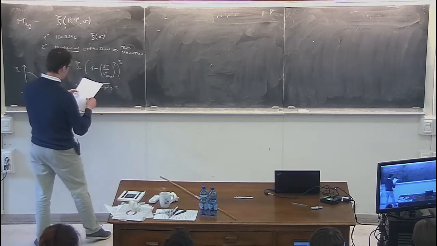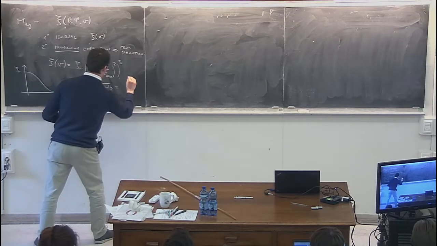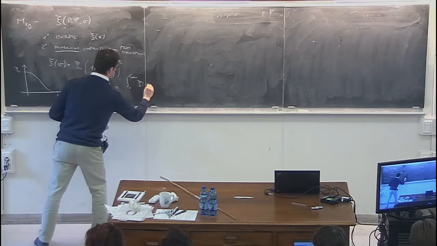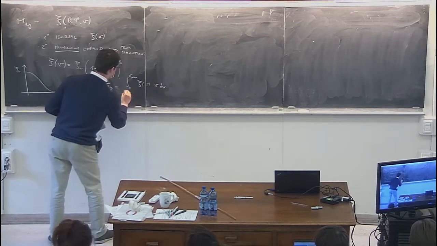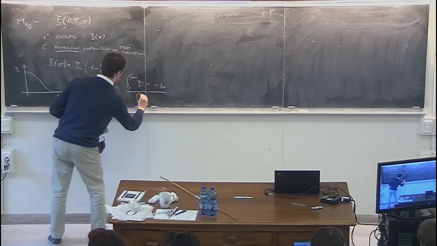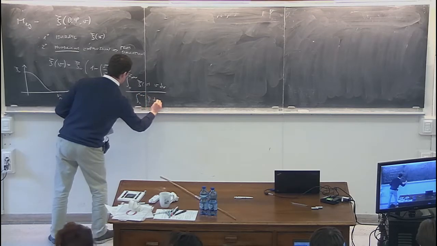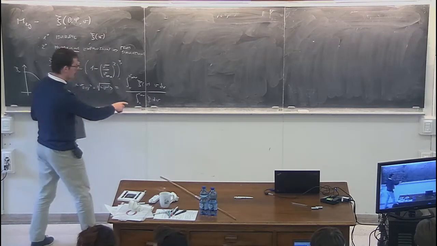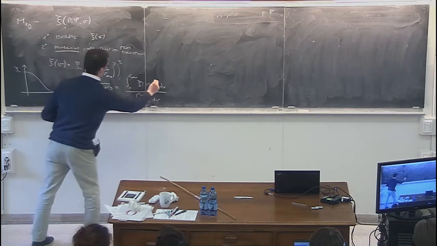If you perform the calculation, this means that you integrate from 0 to v max of xi of v times v squared dv, divided by the integral between 0 and v max of xi dv. By the way, this is nothing but the ejected mass.